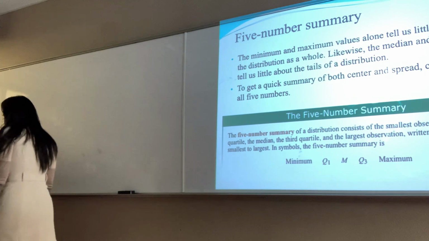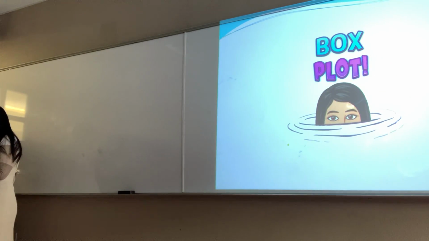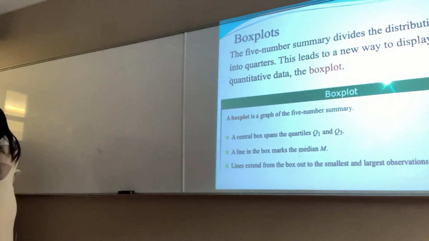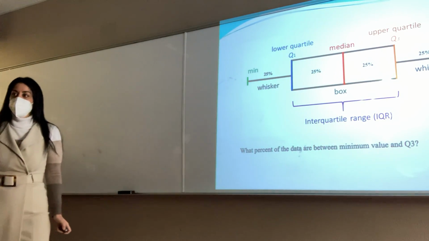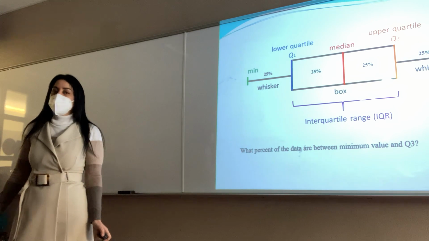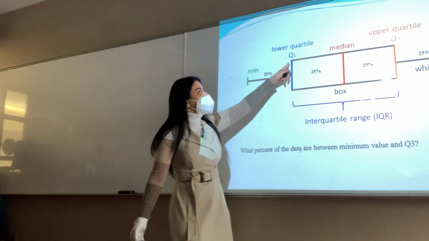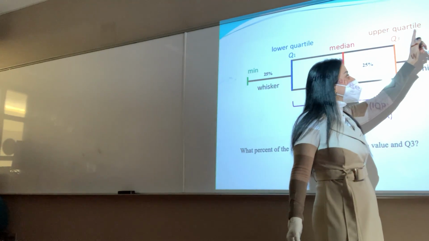Okay, so what is that different way? The box plot is going to be like this, using minimum, using Q1, using median, Q3, and max.